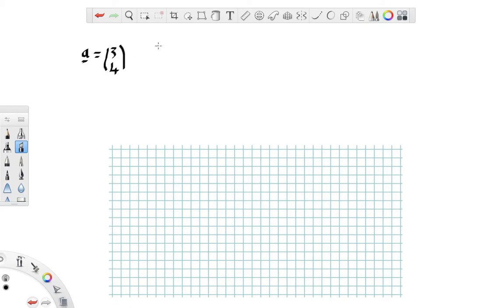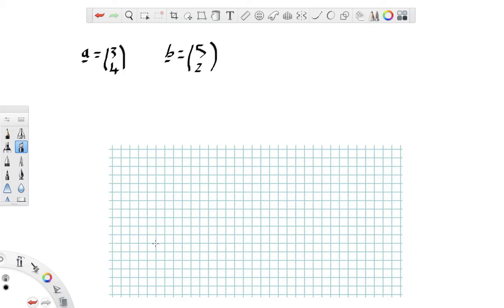And we'll have a look at the vector B, and we'll say that that is 5, 2. So what we'll do is, again, draw these vectors, and then we'll add them and we'll check whether our answer is correct.